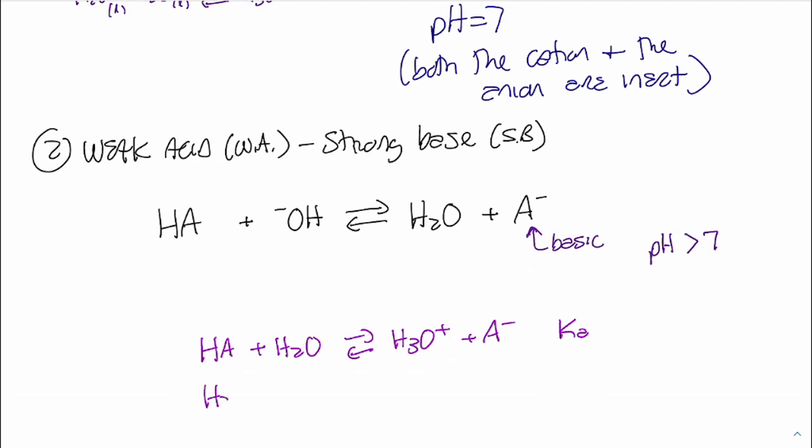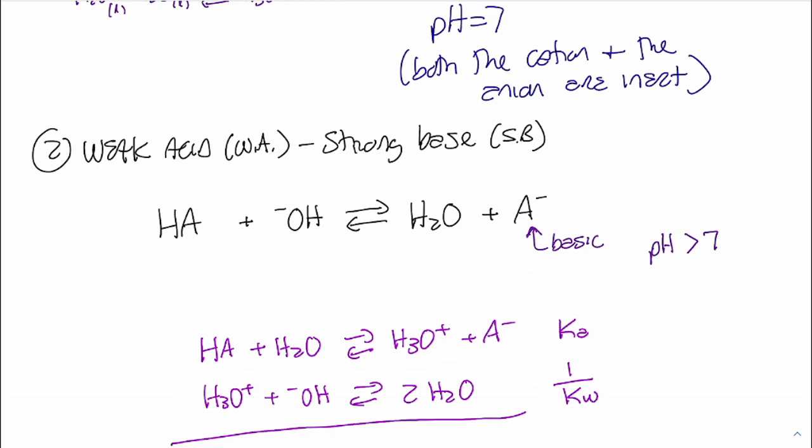I also have my acid reacting with my base, that's producing my 2 water molecules. I am writing that equilibrium arrow, but it is mostly products. And we said that was 1 over Kw a little bit ago.